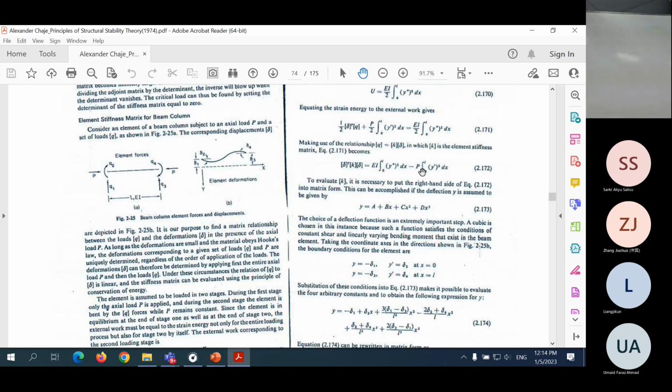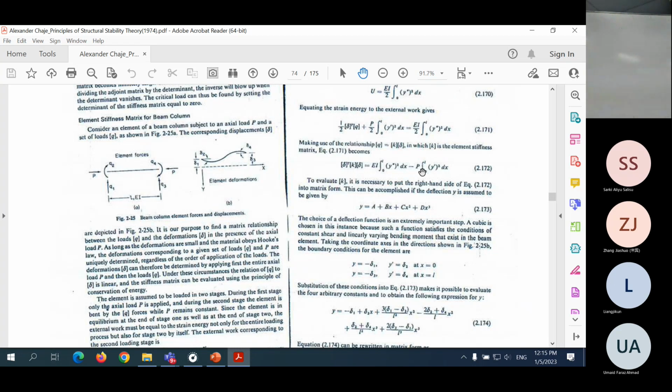Once we use this to determine A, B, C, and D, it first becomes like this, because it will be in terms of delta 1, delta 2, and something with x there. So it comes from here that we assume a cubic function.